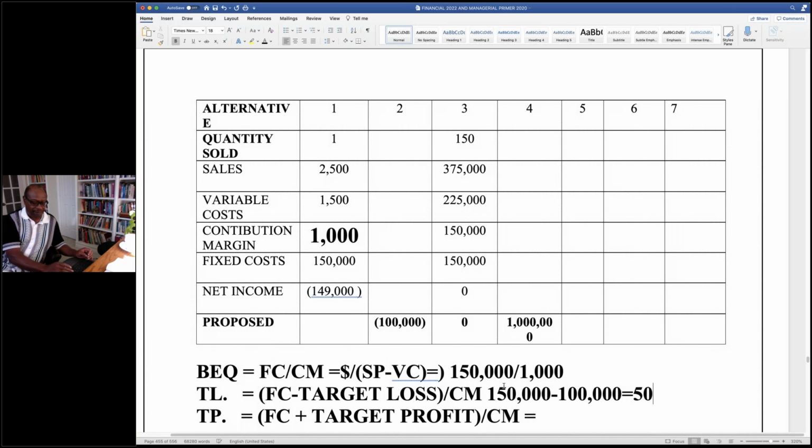What's it going to be, Brady? What's the quantity going to be to produce a $100,000 loss? Oh wait, let me do the math.